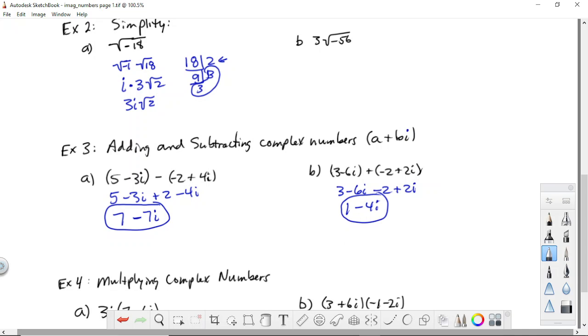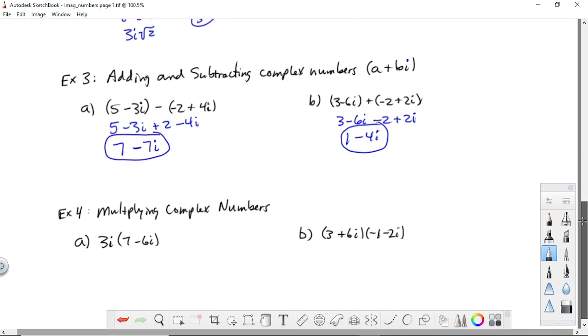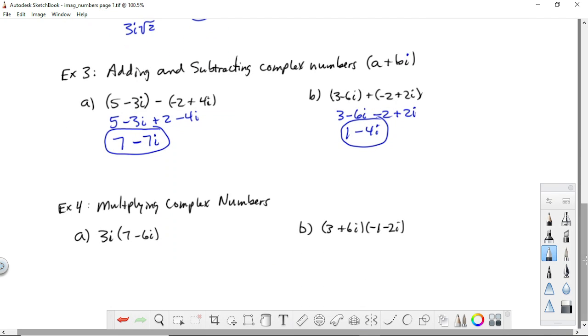Now multiplying them is a little more complicated. It's not bad though. In this case we have just an imaginary number. It's not complex because it does not have a real part, and we're multiplying it by a complex.